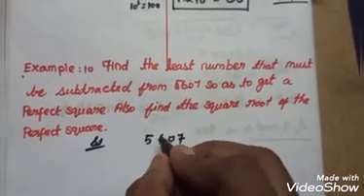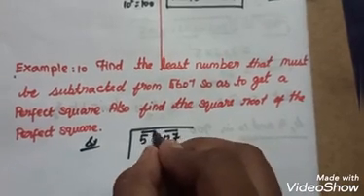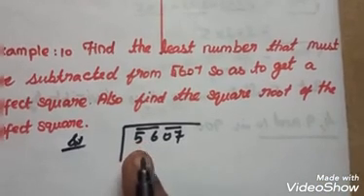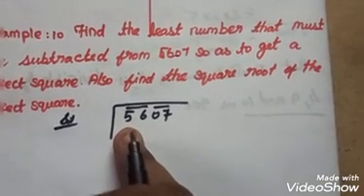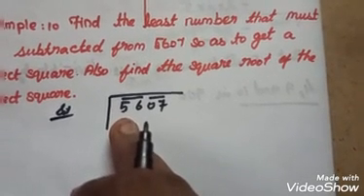5607. First you separate the digits in pairs. Just keep in memory: 5 square is 25, 6 square is 36, 7 square is 49, 8 square is 64.